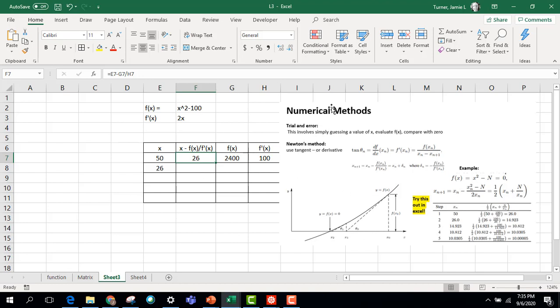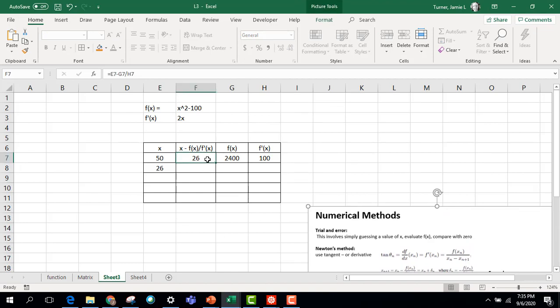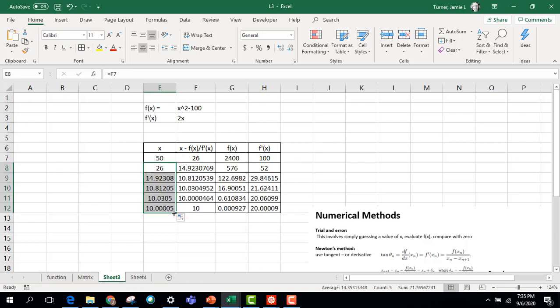Okay, let's go ahead and pull this down and see if that will give us 10. I'm going to pull all of this down and notice each one is updating. Our new points are being fed over here. Once you get the pattern going, it'll be there.